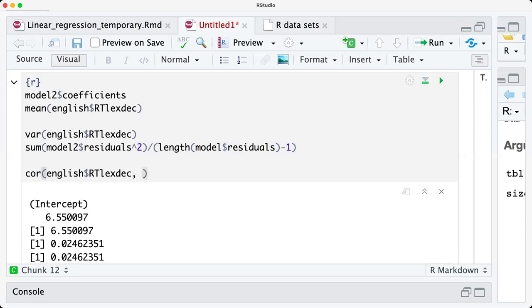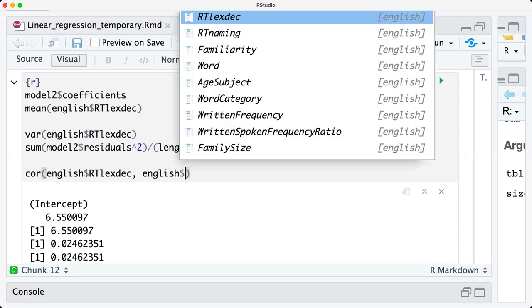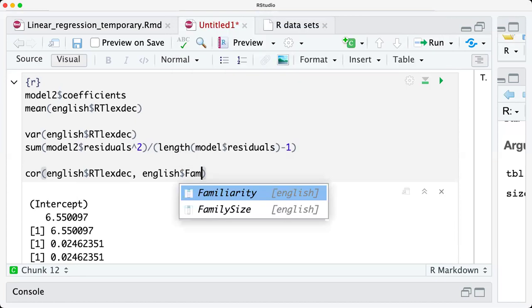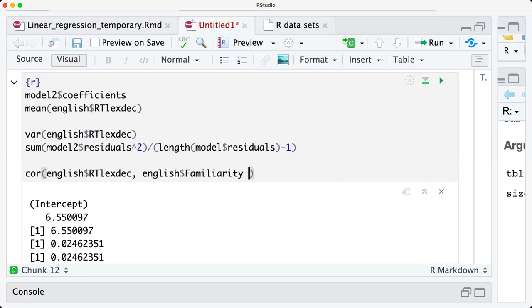So it was familiarity. We can square it, and we will obtain the R squared.